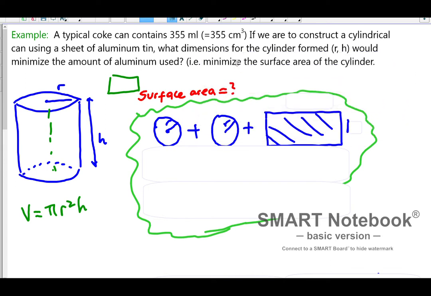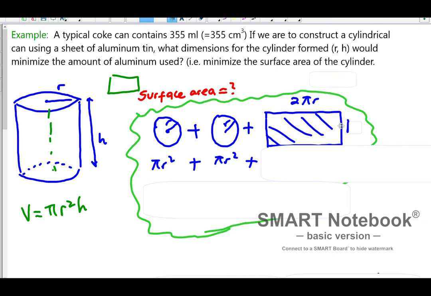The circles are of radius r, so pi r squared plus pi r squared, which will be 2 pi r squared. And for the rectangle, the length of this rectangle comes from the circumference of the circle. When you open it up, this circumference becomes the length of the rectangle. So that's 2 pi r.